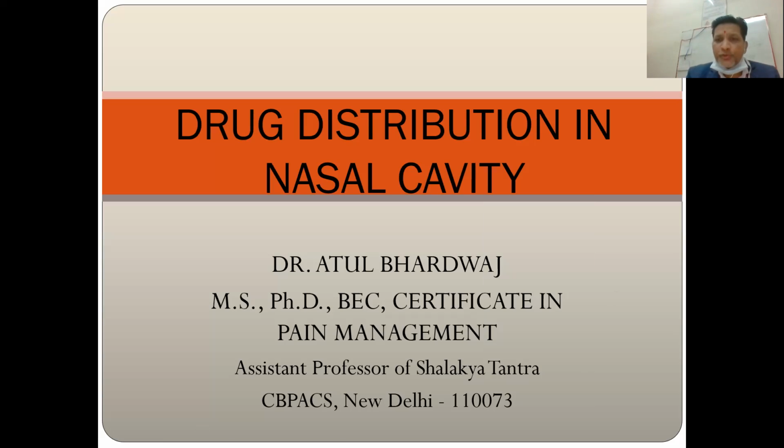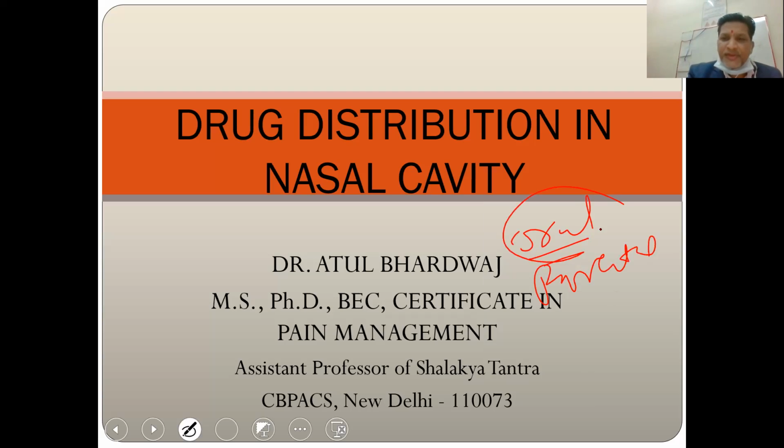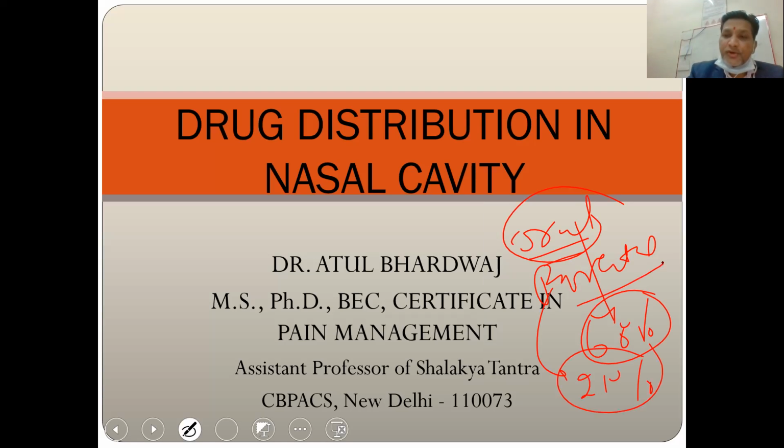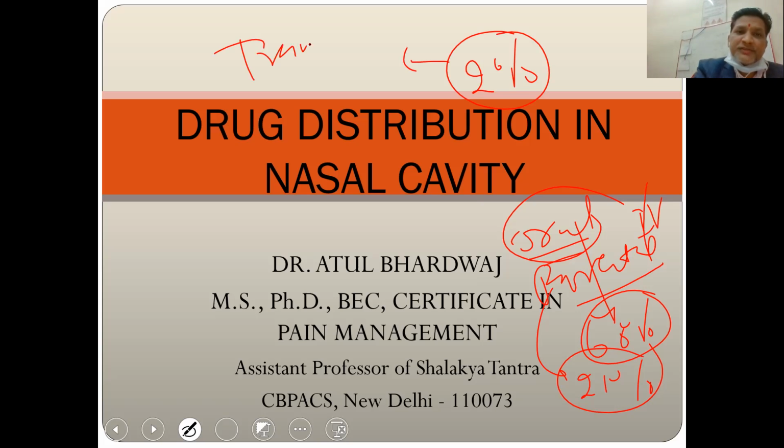We have got the oral route of drug delivery, we have got the parenteral route of delivery. About 60% of the drugs we are using today are oral in nature. About 21% are parenteral or intravenous. About 2% of the drugs can be given through the nasal cavity. Some are transdermal also.